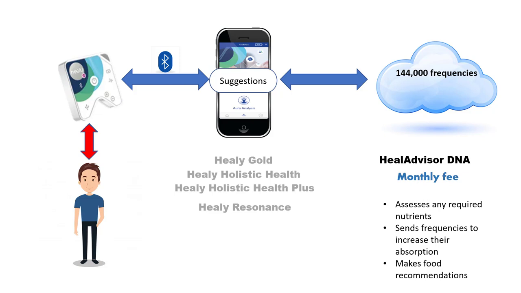So in the second group, it sends the frequencies that will increase the absorption of the vitamins and nutrients you need from the food that you eat, and will recommend the foods that you should eat in order to get them. In the first group, it will send the frequencies that enhances your body's ability to synthesize those nutrients.